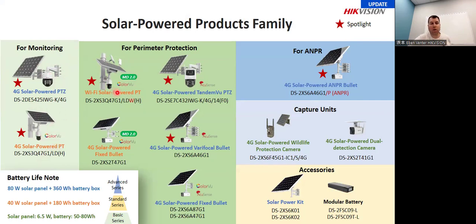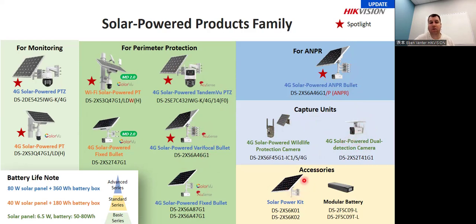Then we have the ones that connect up with Wi-Fi, so they have built-in Wi-Fi capabilities. The tandem view ones, we've got the varifocals. We've got the ANPR ones as well, number plate recognition. Then we have the smaller ones, the wildlife cameras and the small basic Solo ones. They're very straightforward. They have built-in radar, PIR, and motion detection that they work with.